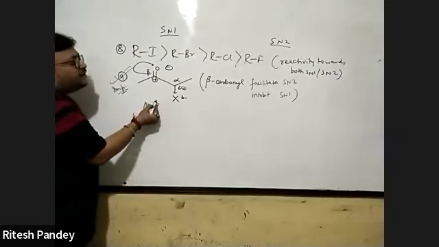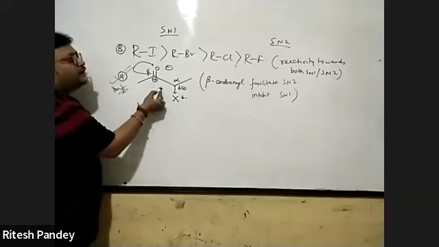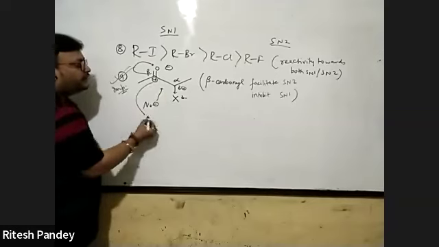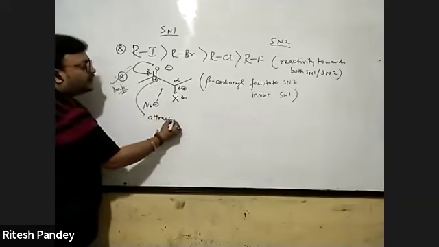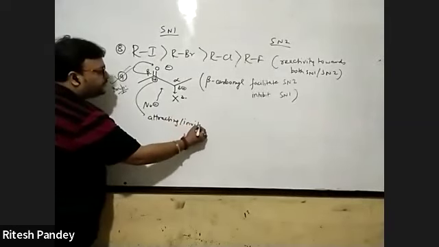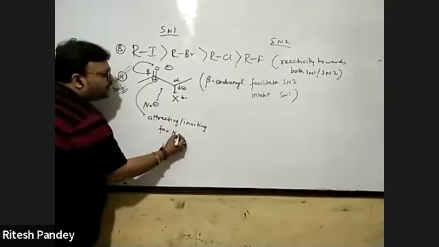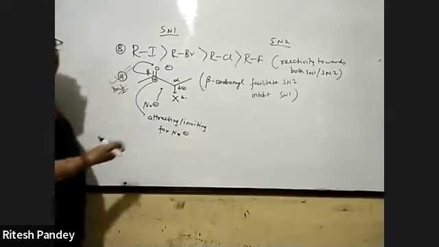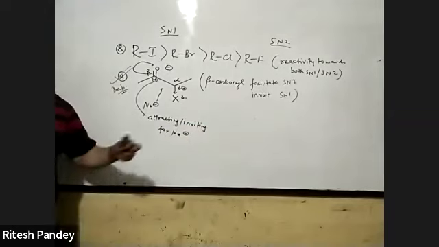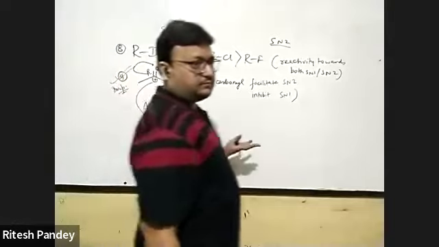This will attract the nucleophile. So this positive is more attracting or more inviting for the nucleophile. And trust me, कोई भी फैक्टर जो न्यूक्लियोफाइल को अपनी तरफ खींचता है वो उसका न्यूक्लियोफिलिसिटी बढ़ाता है और Sn2 का चांसेस बढ़ाता है.